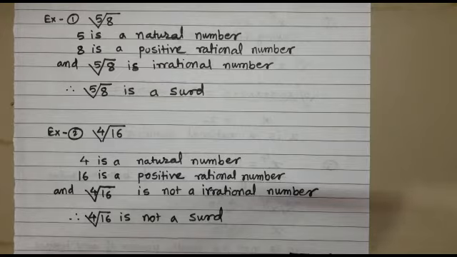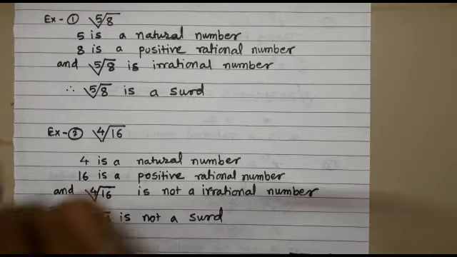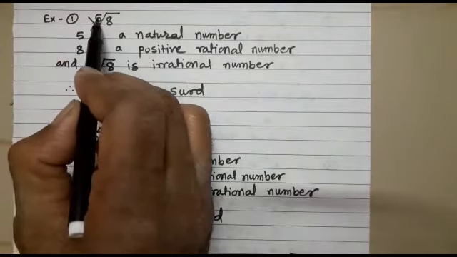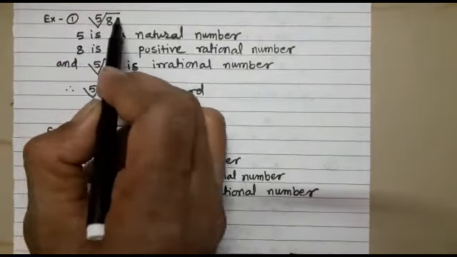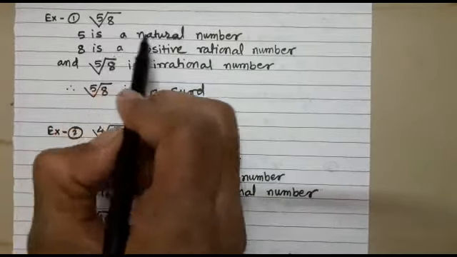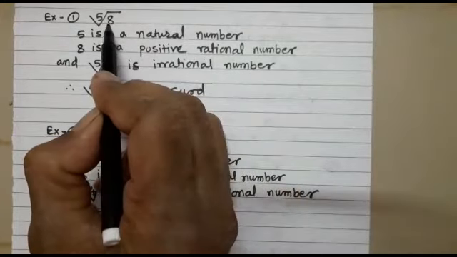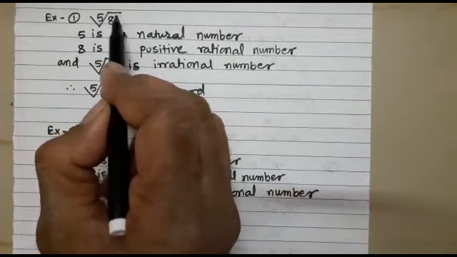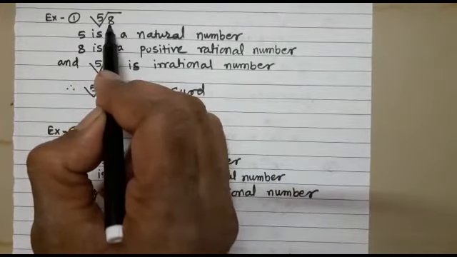After learning the definition of surds, the terminology, and the surd family, now we are learning some examples of how to identify whether the given number is a surd or not. This is the first example, fifth root of 8. According to the definition, I am checking the three conditions. This 5 is a natural number. The number written under the radical sign should be a positive rational number, and yes, 8 is a positive rational number.